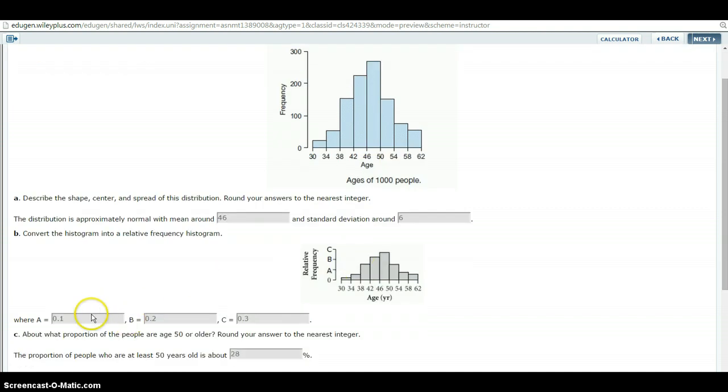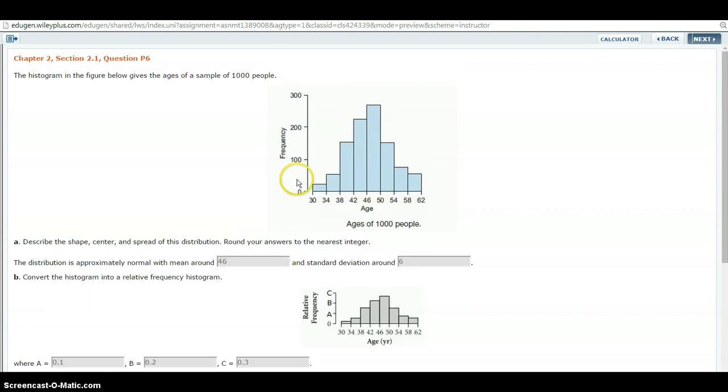And so in order to convert that, we can actually just look here. We notice that this 100 corresponds with this A. If we look at where it's hitting on the bars, that's matching up with our 100. The 200 matches up with the B, and the 300 matches up with the C. So does that mean we put 100, 200, and 300 for A, B, and C? No, because we're looking at relative frequency. We want to know what proportion of the population.